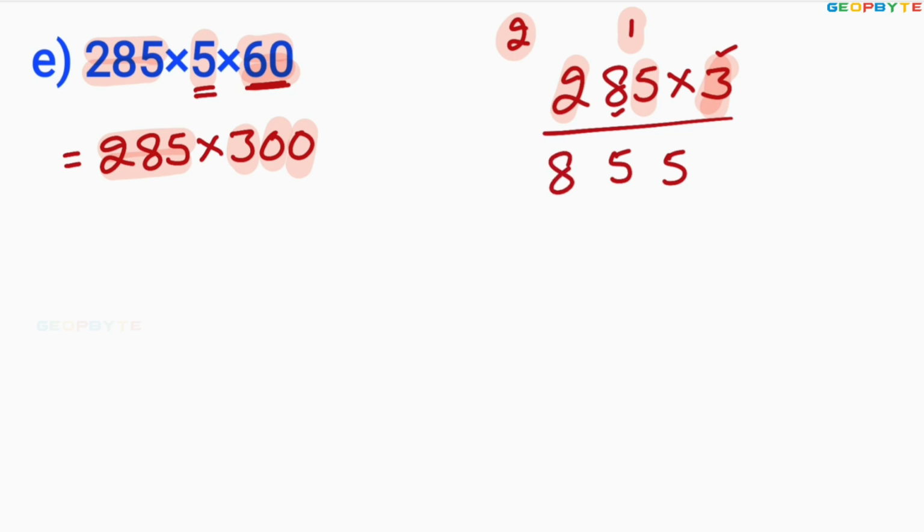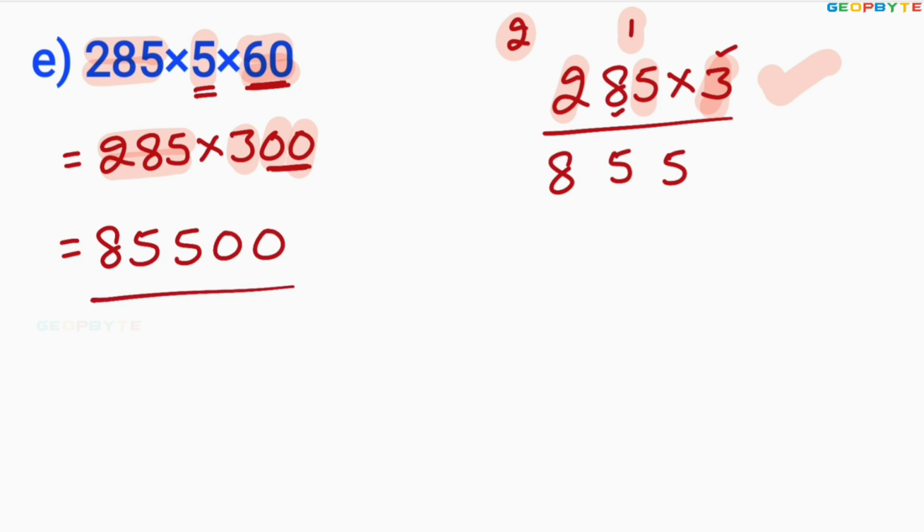So 285 multiplied by 3 is 855. You first write that value 855. After writing that 855, you keep these two zeros, 0 0. That is your answer. See how simply you are getting your answer. I hope all you are following.